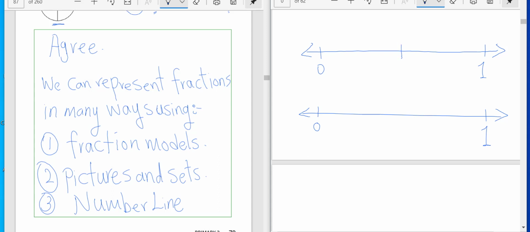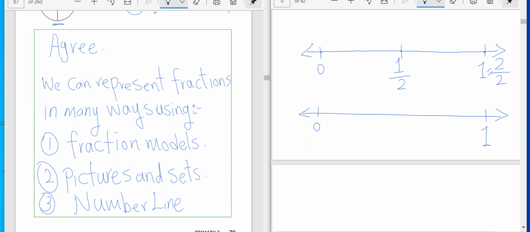So divide it from here. This part from 0 to this point is called half. And from half to 1, this is another half. So from 0 to 1, we have two halves, 2 over 2. So we know that 1 equals 2 over 2.